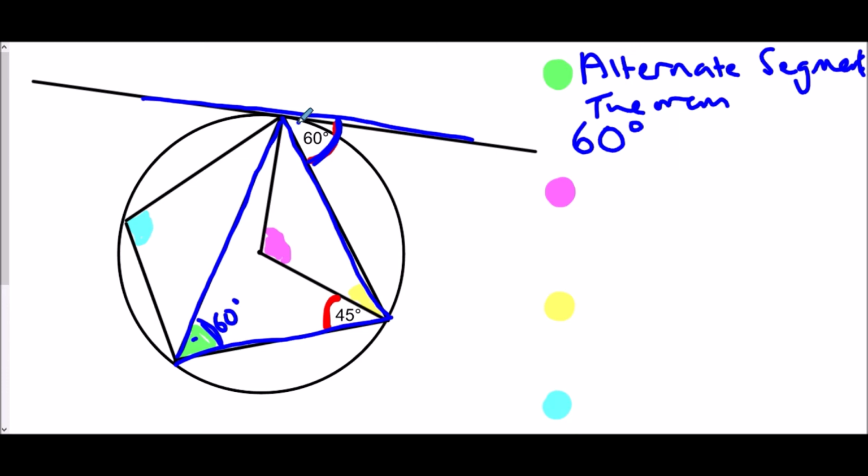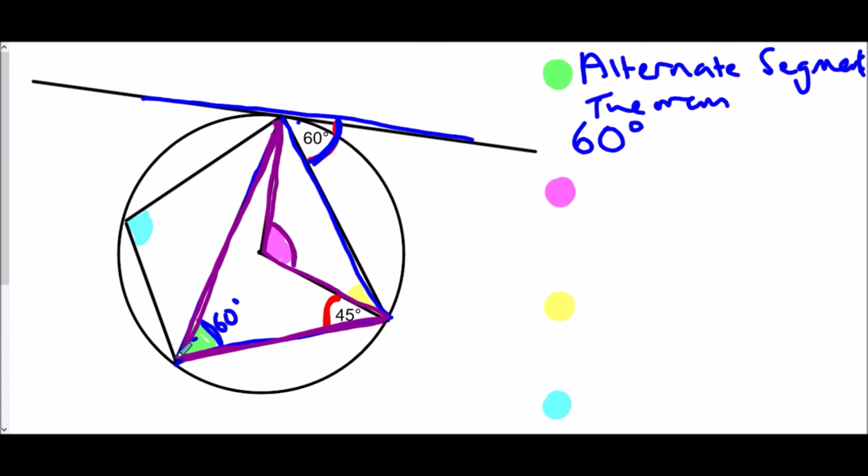We're then asked for the pink angle. Now the pink angle is the angle at the centre of a circle, and the angle at the centre is twice the angle at the circumference, and therefore in this one we need to be thinking about the angle we have just calculated.